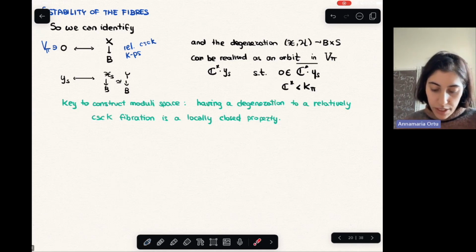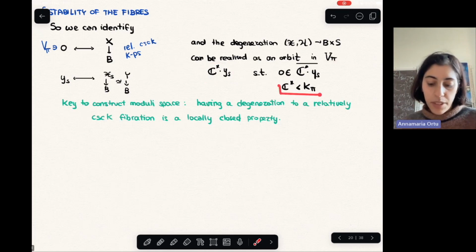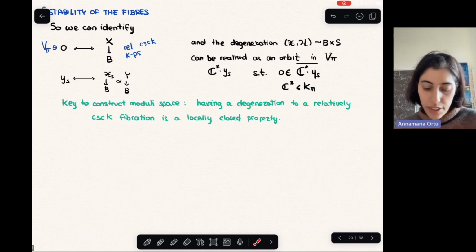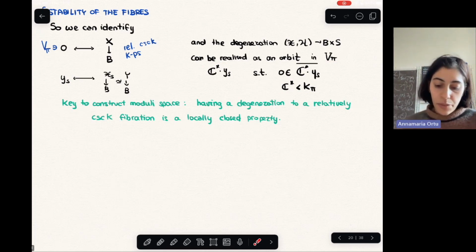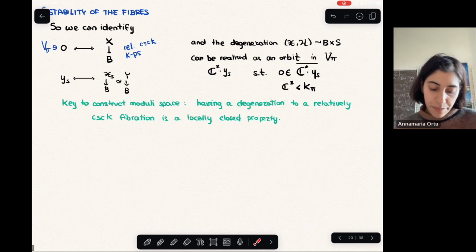We can view this Ys as an orbit in V pi for some one parameter subgroup of the group of relative isometries. So we have this orbit where the origin is in the closure of the orbit, and all the other ones are biholomorphic, where the biholomorphism is given by this one parameter subgroup.